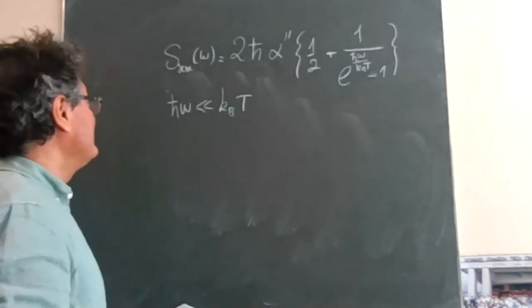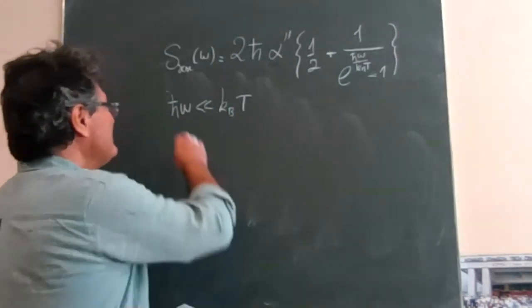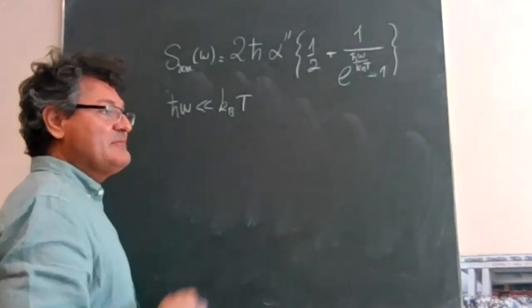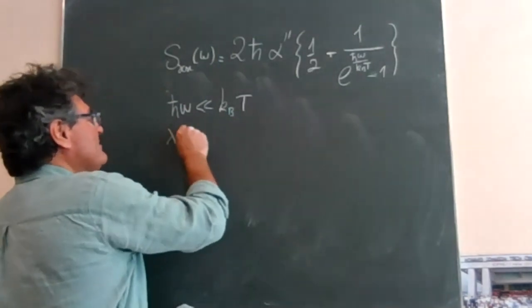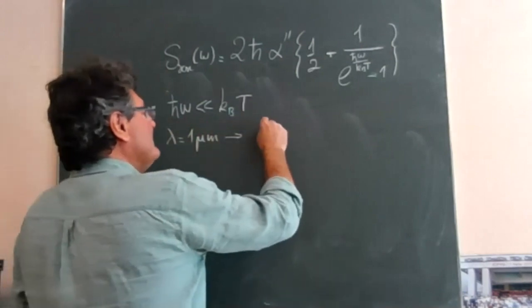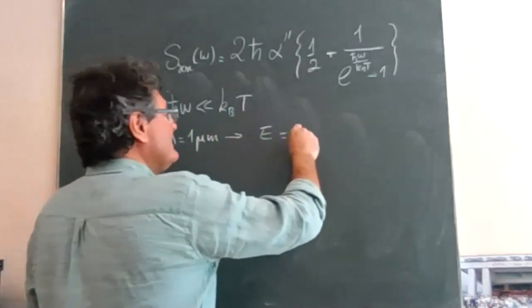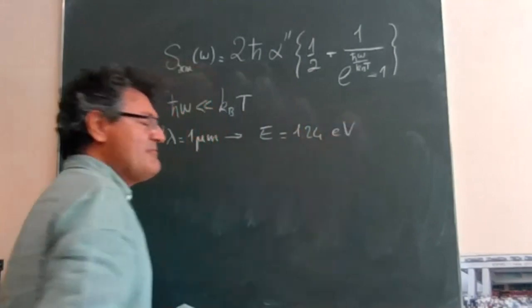Let's put some numbers in it. Instead of replacing the constants, I have in my mind some fundamental numbers. For example, I know that for a wavelength of 1 micron, we have an energy of the harmonic oscillator of 1.24 electron volts.